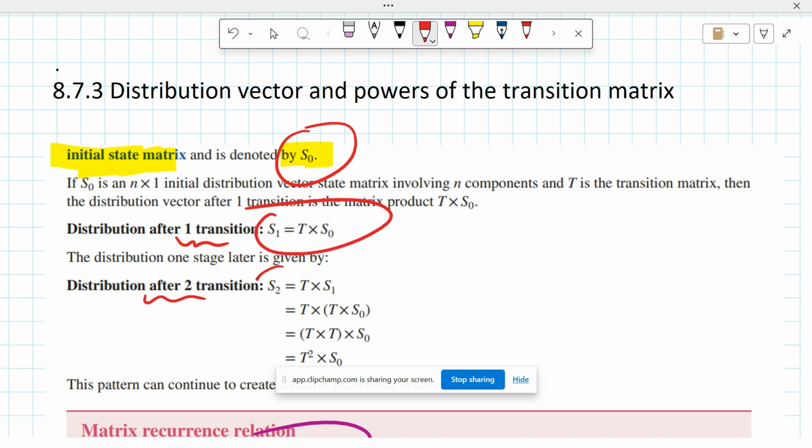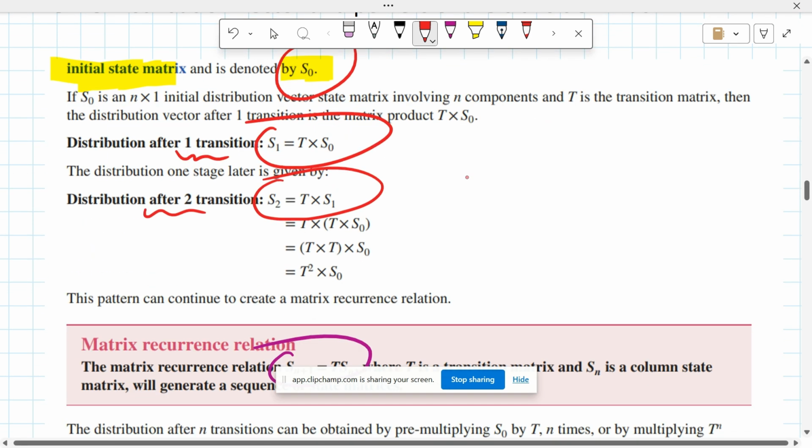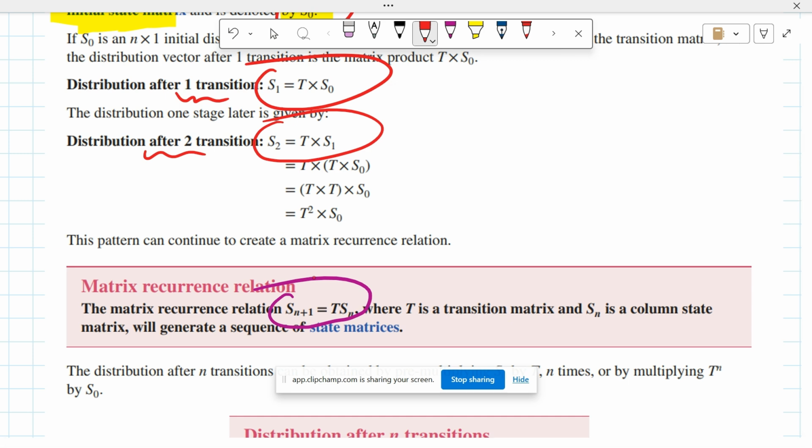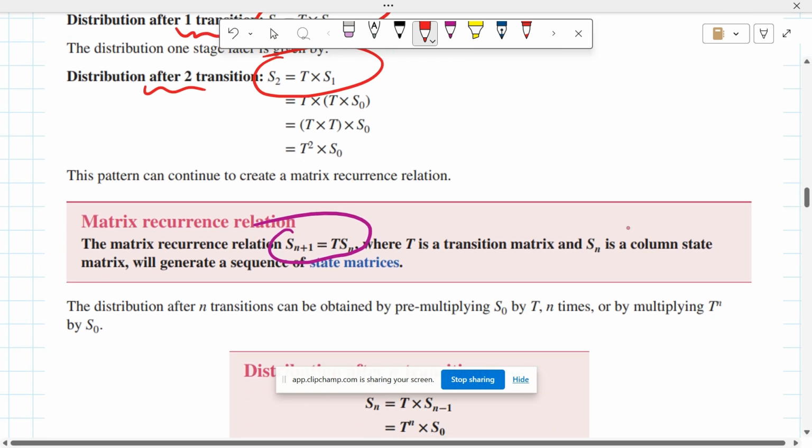After two, S2 equals T times S1. So clearly we can use the recurrence relation, which we did before. The recurrence relation is S(n+1) equals T times Sn. Remember, Sn is always the column state matrix.